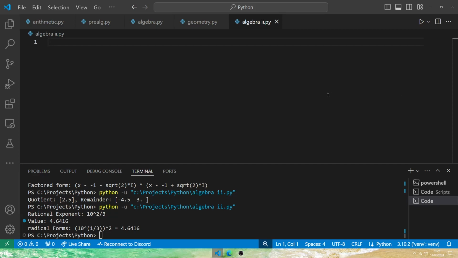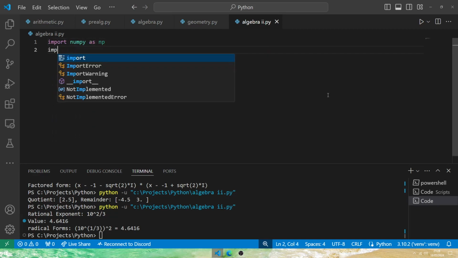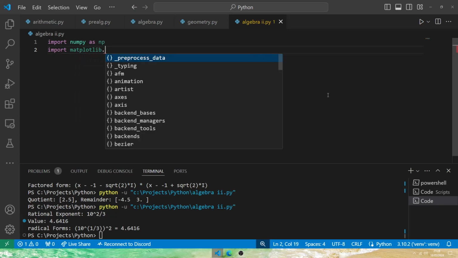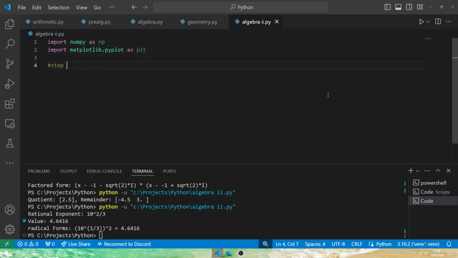So here we can create a fit exponential regression model. We're going to use the natural logarithm of y as the response variable and x as the predictor variable. We're going to use numpy as np and the matplotlib library. Step 1 is to create a data set.